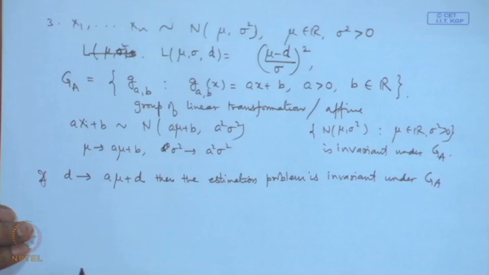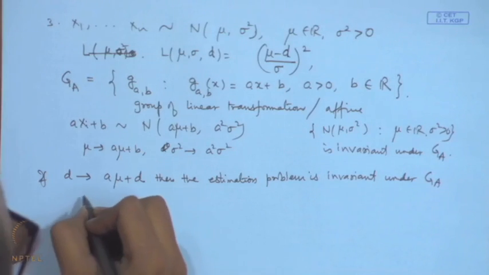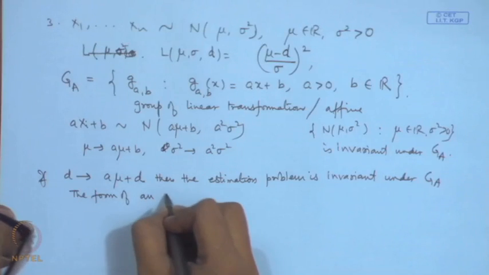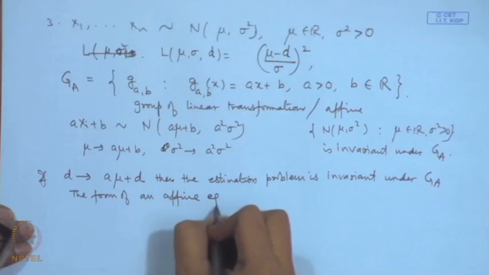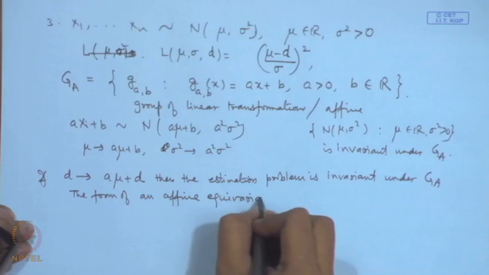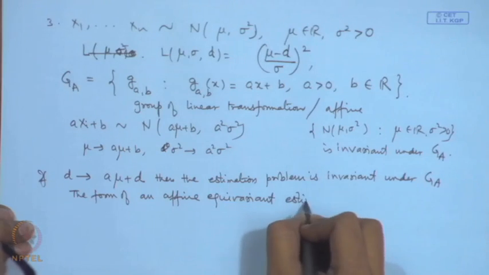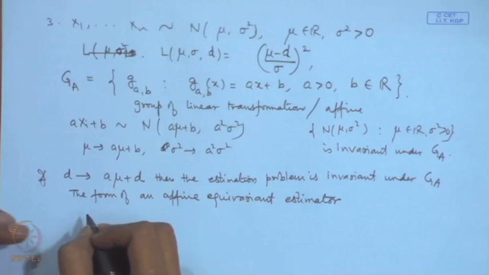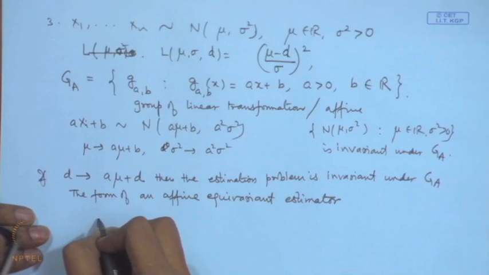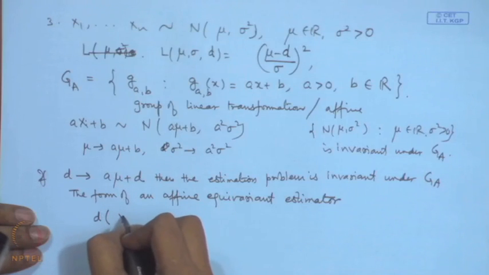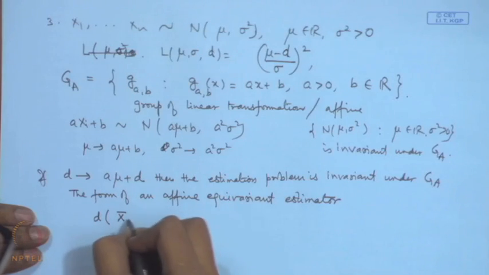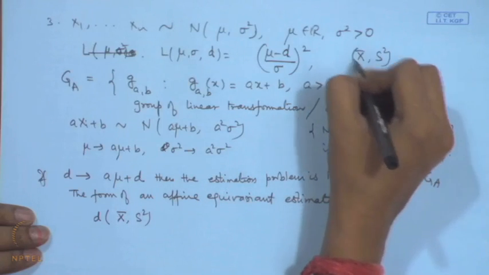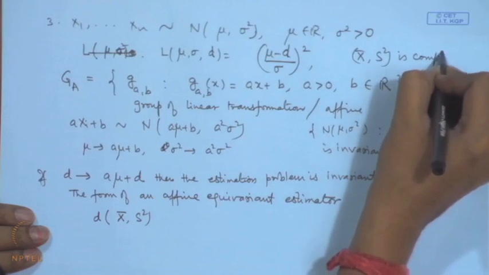Now, to derive the form of an affine equivariant estimator, let us consider d of x bar, s square. Here in this problem x bar and s square are complete and sufficient.